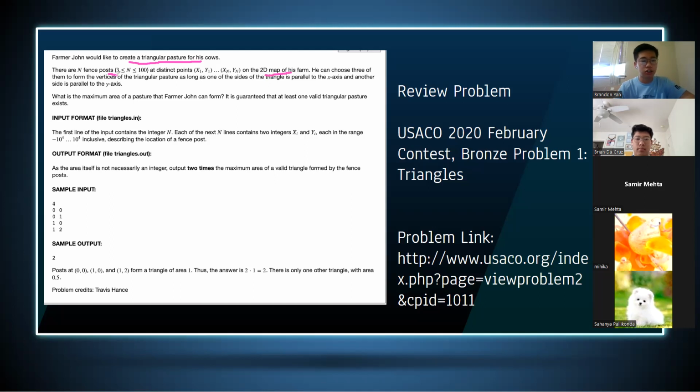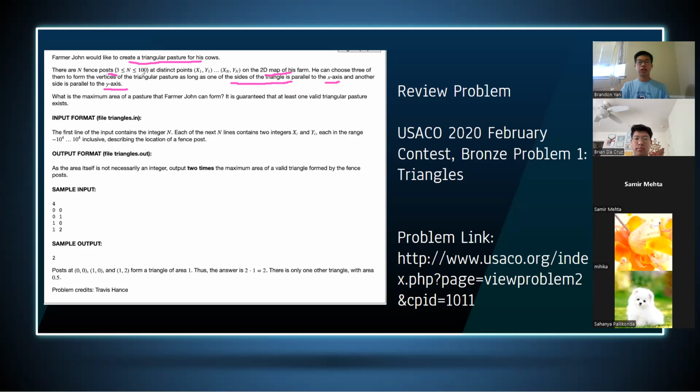So basically there are n distinct dots that can be placed on the 2D coordinate map of his farm, and he wants to choose 3 of them such that one of the sides is parallel to the x-axis and one of them is parallel to the y-axis. So he wants to choose a set of 3 of the n posts such that it forms a right triangle. And what is the maximum area that this right triangle can be?